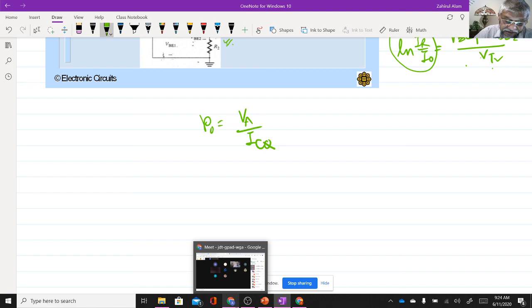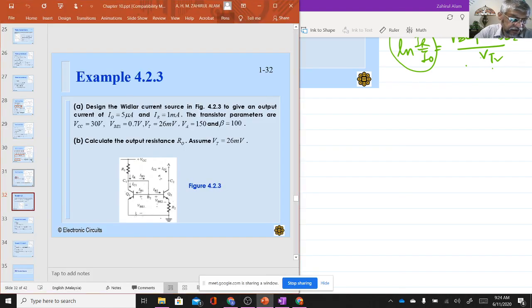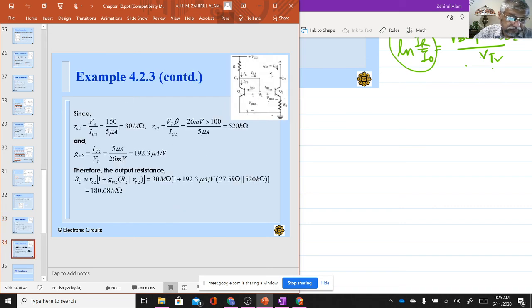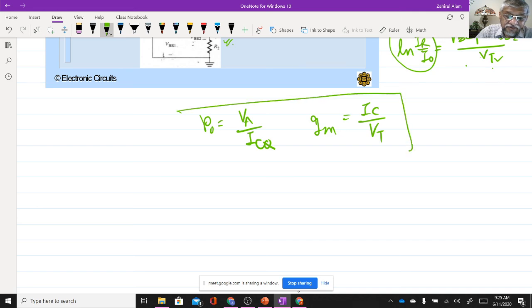Similarly, we have the Gm formulation. What is the formulation for Gm2? Gm2 equals IC over VT. So we apply this formulation to calculate the output resistance.